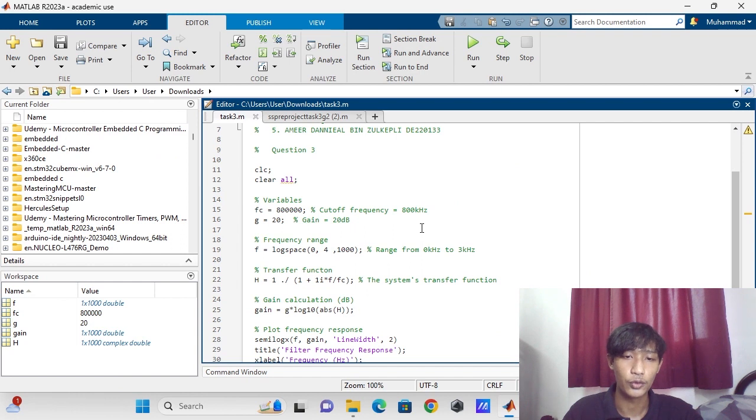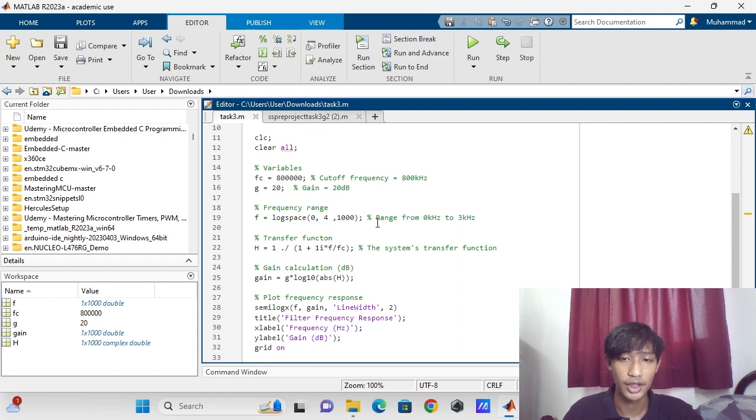After assigning those two variables, we set the range of the frequency. In this case, we set the range from 0 to 3 kHz by using the logspace function and assign that range into the f variable. Then, by referring to the system, we came up with this transfer function, and we assign the transfer function into the h variable.